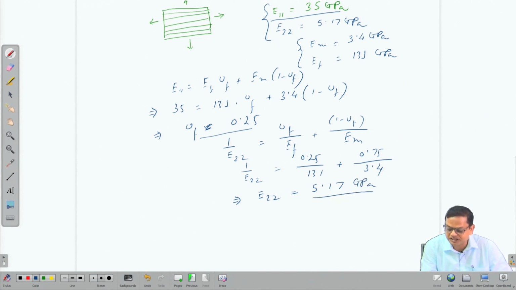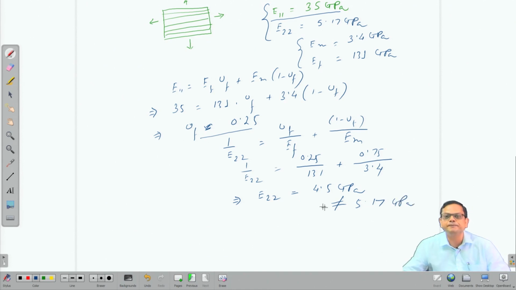You would expect it to be around 5.17 GPa, but 5.17 GPa is the requirement. Sorry, this is my mistake here. This value of E22 comes out in the range of around 4.5 GPa, and that is definitely not equal to 5.17 GPa.